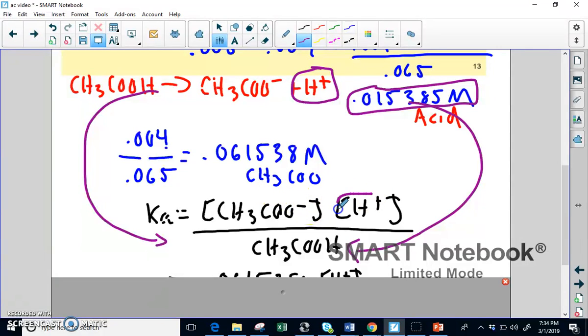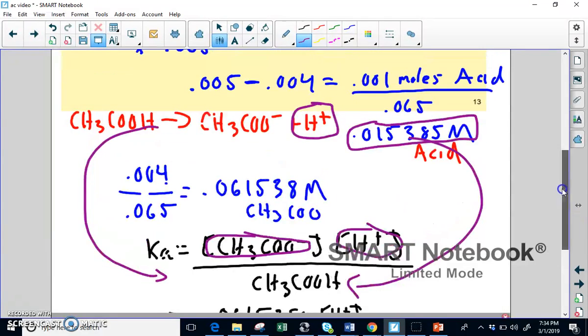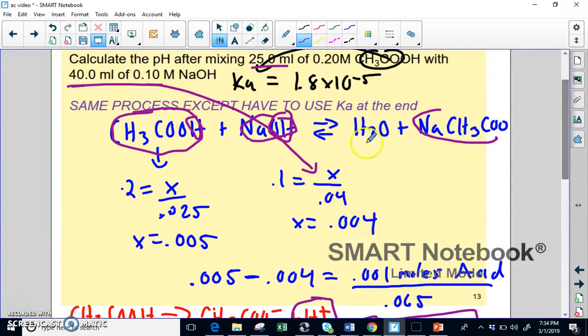And we need to find the H+, which is what we're trying to find. We need to find the amount of the conjugate base that's left. Well, if we go back up to the equation, we know that 0.04 of this reacted. So that means it's going to produce 0.04 of the conjugate base.